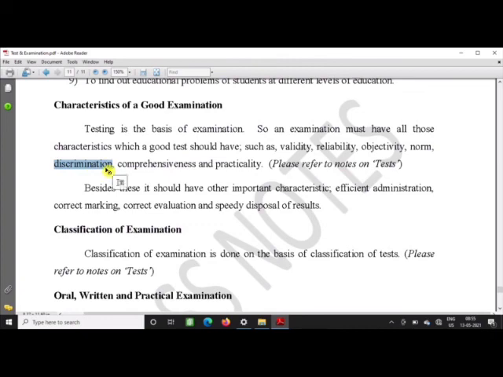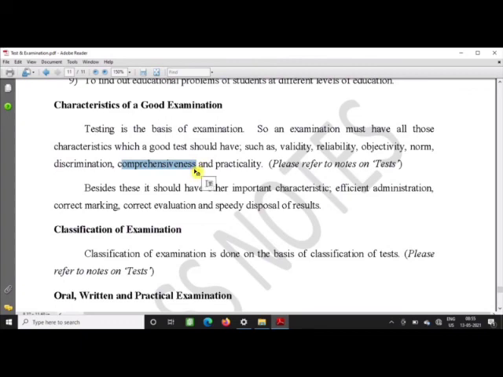Next is discrimination. Discrimination is also one of the characteristics here. A good examination should be able to discriminate students based on their percentage, based on their performance, based on their scoring. That is, this many students are top rank holders, or this many students are high achievers, this many students are average achievers, and this many students are low achievers. This way discriminations are given.